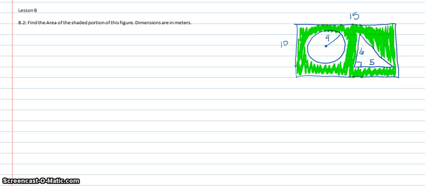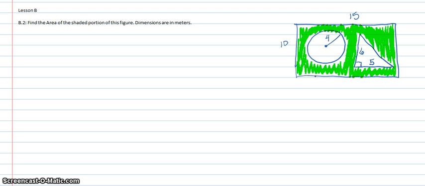In our second example in lesson B, we're finding the area of the shaded portion of a figure, and the dimensions again are in meters. Now I've shaded the area that we're actually looking for in green, and we're going to start by finding the area of the largest rectangle, and then we'll separately find the area of that circle and triangle, and then we'll just have to subtract the areas of the circle and triangle from the area of the rectangle.